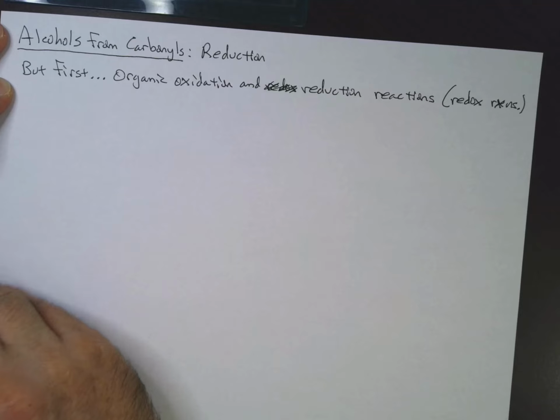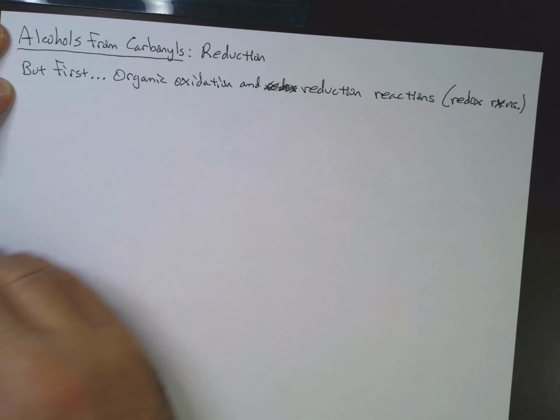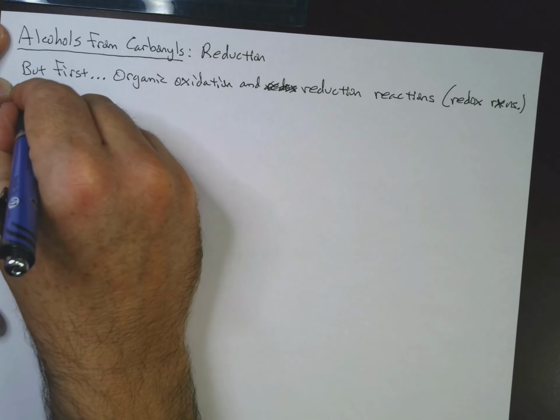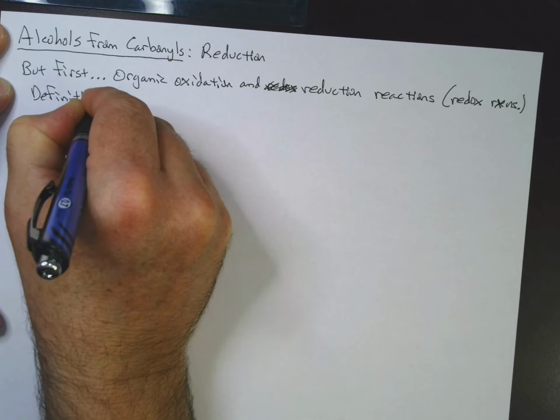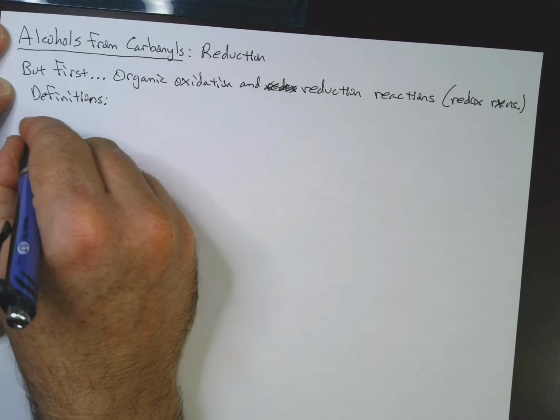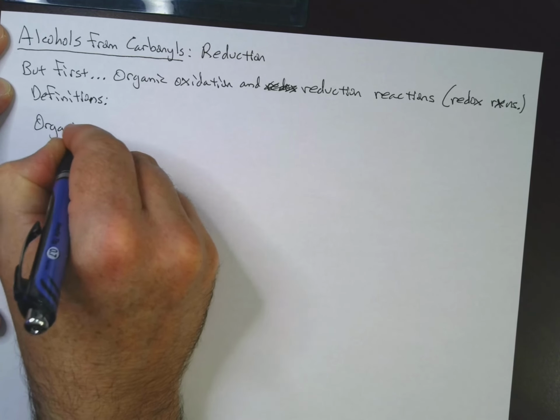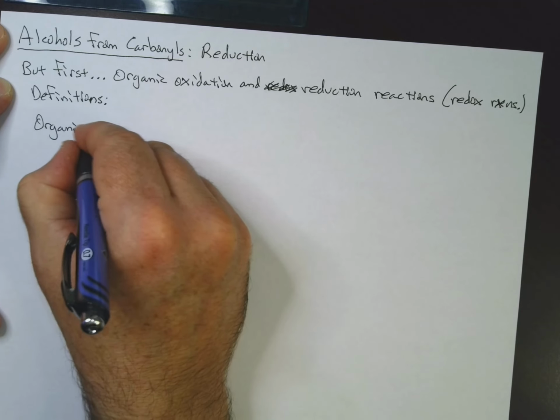Now you may remember oxidation as a loss of electrons and reduction as a gain of electrons. But typically what we'll look at here is hydrogen and oxygen.